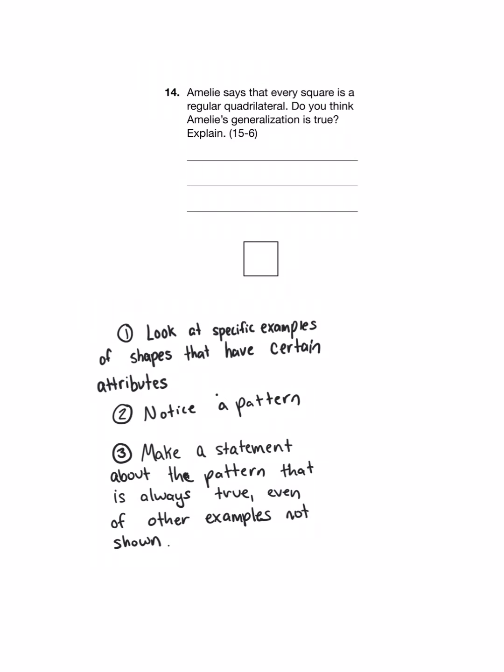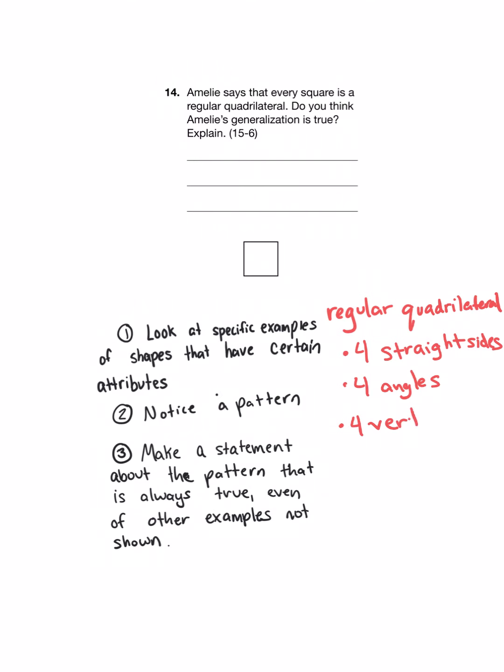So in order to do this, let's consider the attributes that a regular quadrilateral must have. A regular quadrilateral must have 4 straight sides, 4 angles, and 4 vertices or corners.